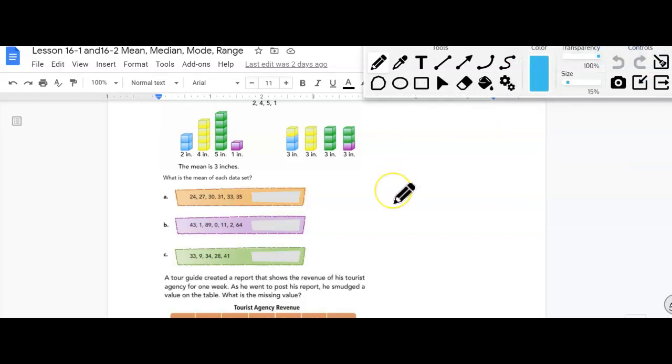All right, solving for the mean of this one. I'm going to take 24 plus 27 plus 30 plus 31 plus 33 plus 35. I'm going to add all those up and divide it by what number?